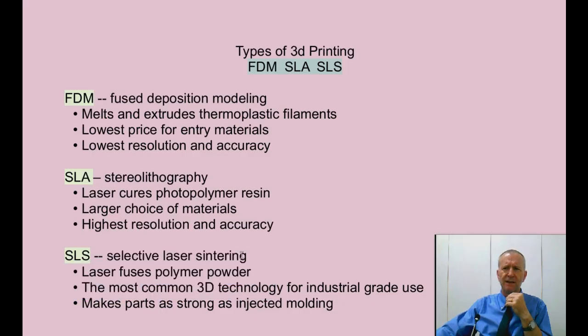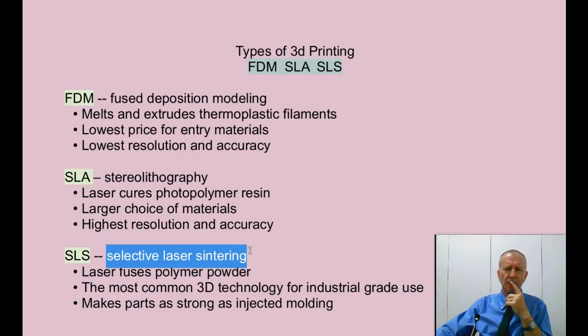SLS, selective laser sintering. That's where we start with powder. Things come in powder. We can join that powder in many ways. We can mix it with a resin that will harden, or we can compress it.